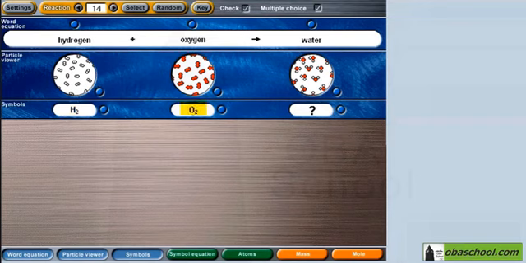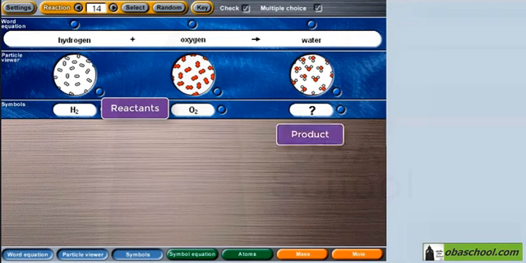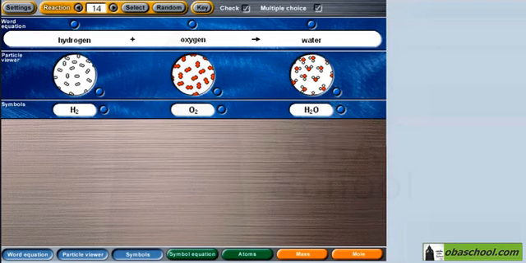That's O2. H2 and O2, hydrogen and oxygen, are the reactants in this equation. The product is water. What's the symbol of water? It's H2O, and now we have our simple equation.